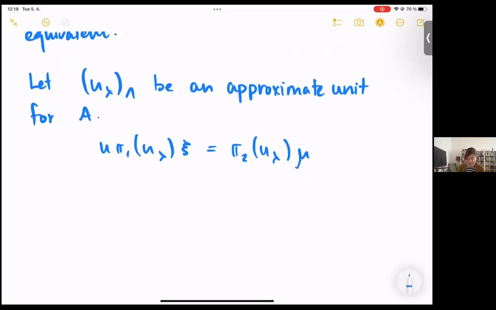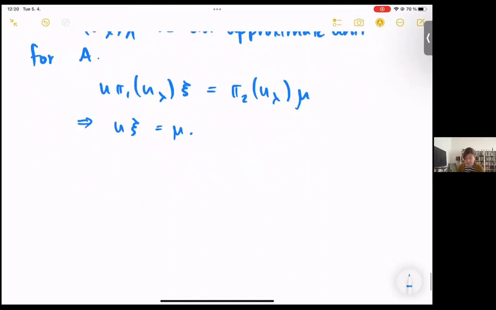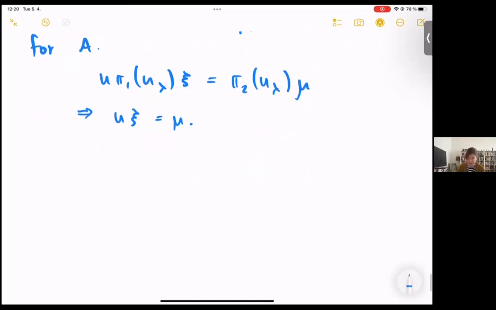So taking the limit, we see that we get u psi equals mu, as we wanted.